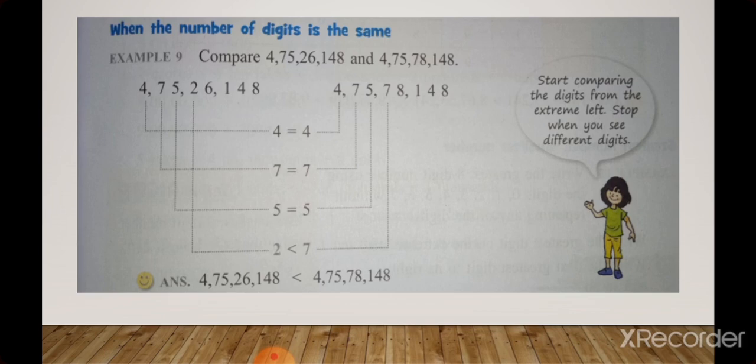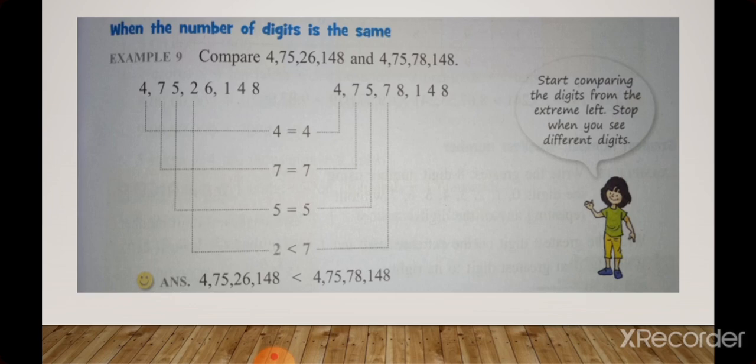Write the two numbers first. After writing these two numbers, start comparing the digits from the extreme left. Stop when you see different digits.